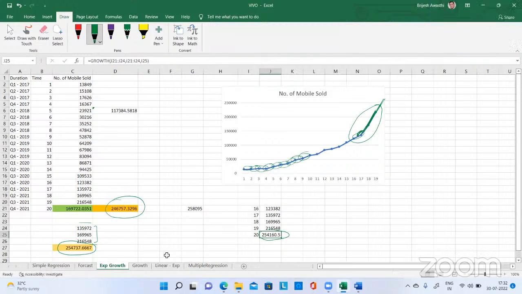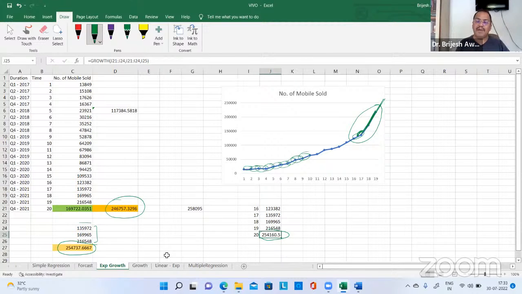If I'm talking about petroleum pricing, price of wheat, price of cotton, there are so many items. You can apply this forecasting to any product and calculate the forecast value on the basis of different methods, linear, exponential, polynomial, and see which method is more accurate for your data.